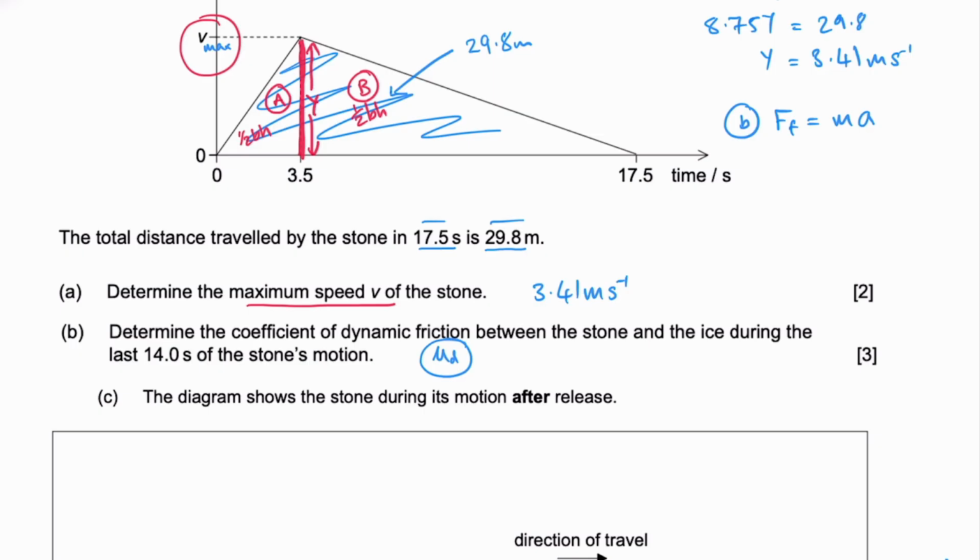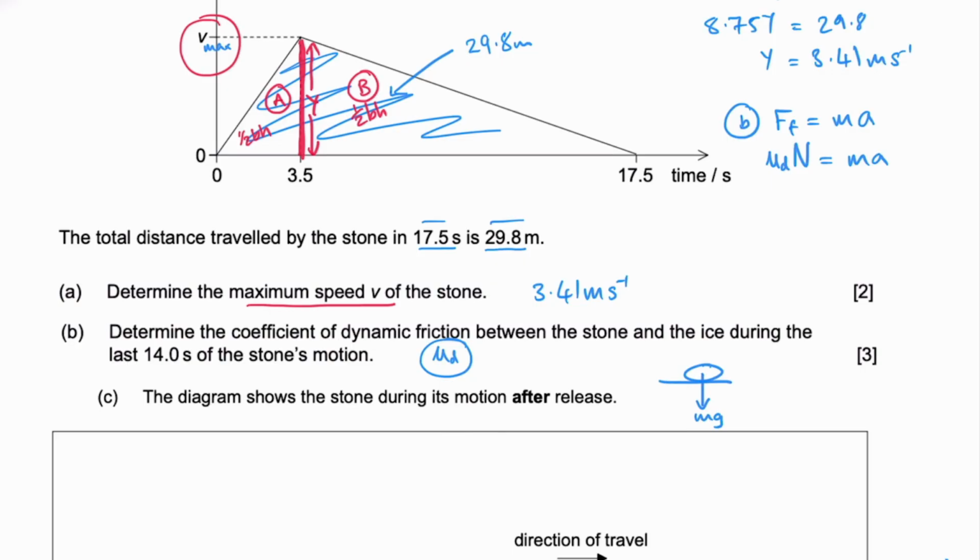But we know from our data booklet that the force of friction can be given by the formula mu d N equals ma. And we know that N is the normal or the reaction force, and if we think about the stone on the ice, that reaction force will be mg.